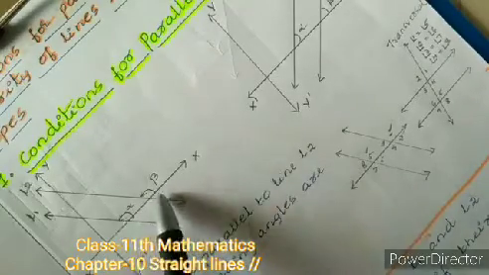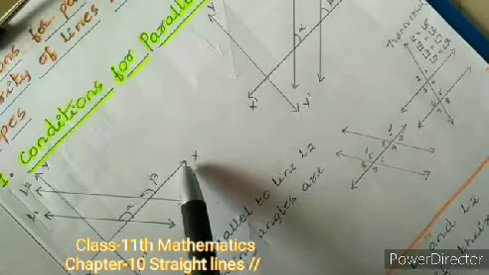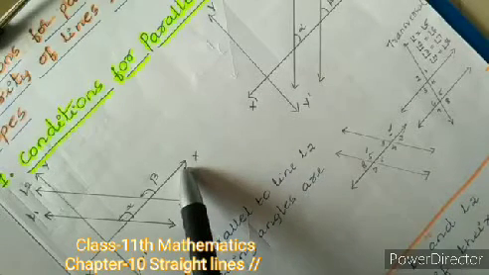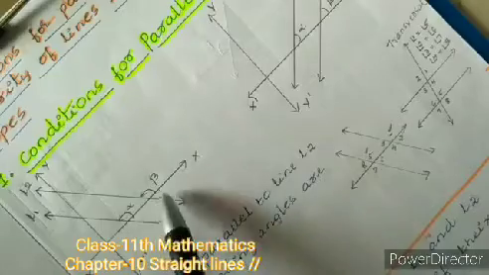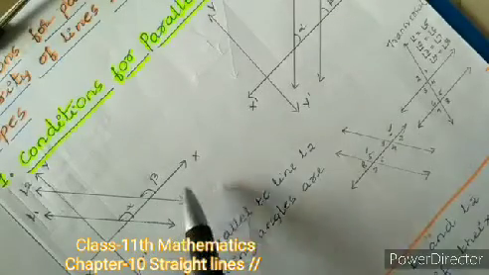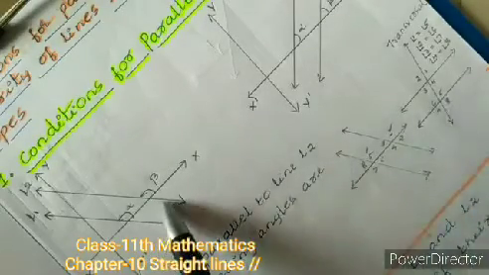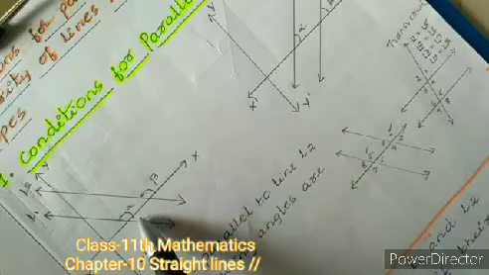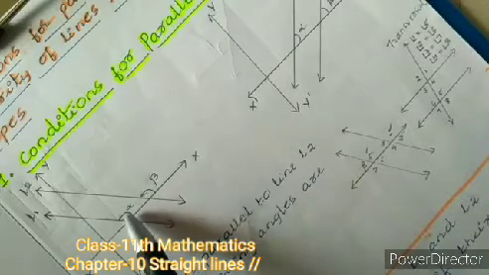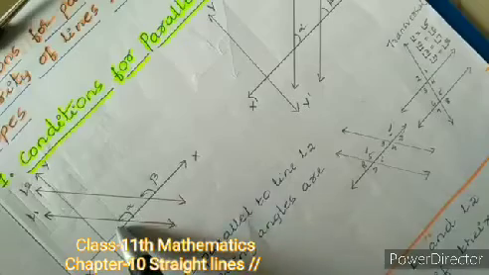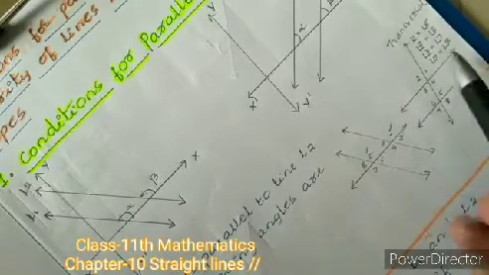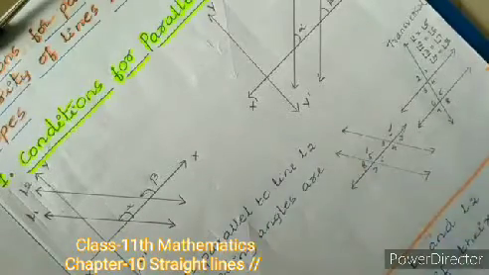So in this case also it forms a transversal. If the transversal cuts two parallel lines, then their corresponding angles are equal. We can apply this property over here. That means this angle is equal to this one, beta is equal to alpha. The same property we have learned here we can apply here.